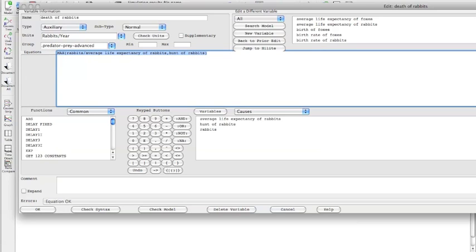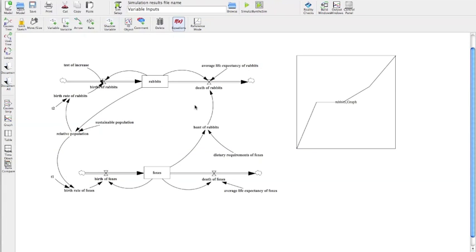The value of the hunt of rabbits, so this is the amount of rabbits consumed by foxes, or another possibility is you take the population of rabbits and you divide it by the average life expectancy, and that gives you another. So this will give you the natural cause, and the maximum of those two is what dictates the actual death of rabbits.